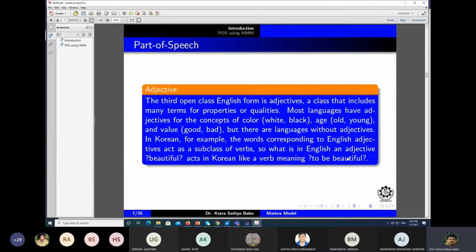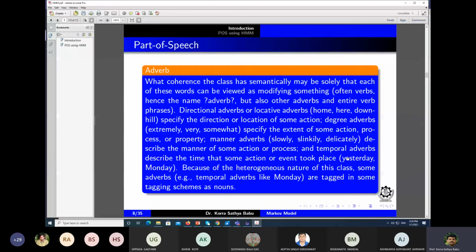But they often indicate other relations as well, like marking the agent. For example, Speech and Language Processing was written by Jurafsky and Martin. Written by, that is marking the agent here. By is a preposition here.